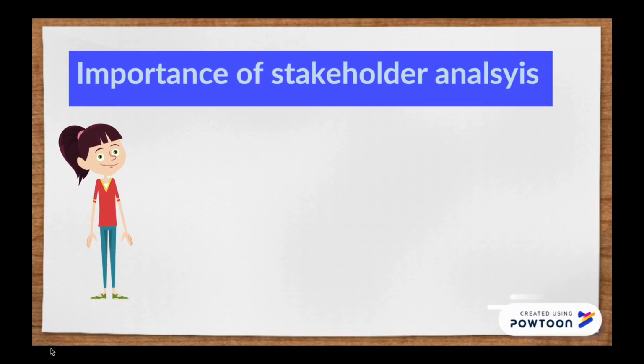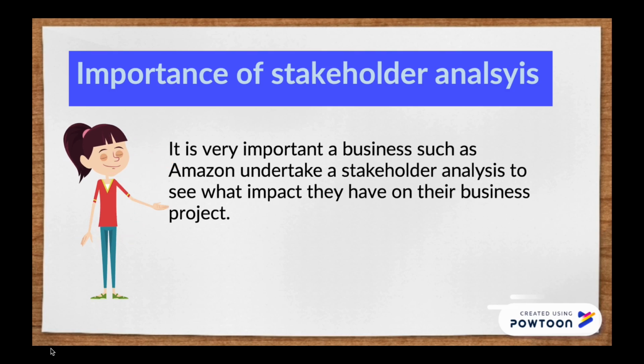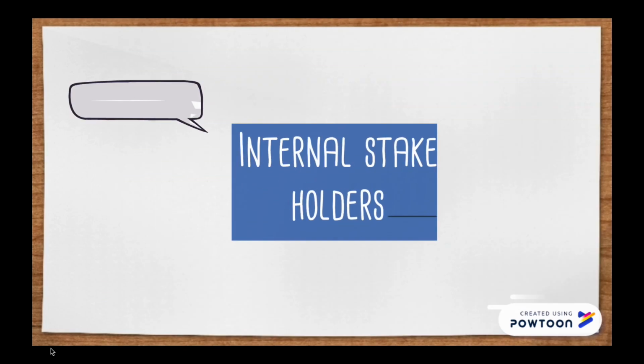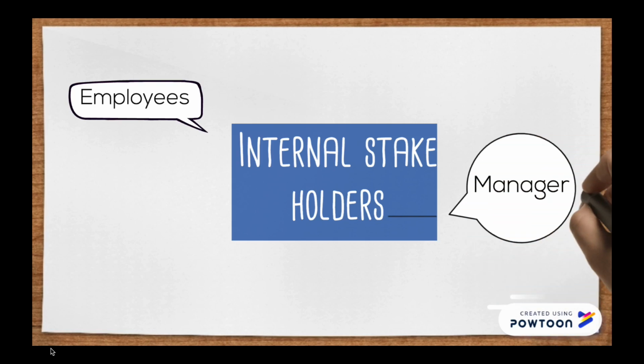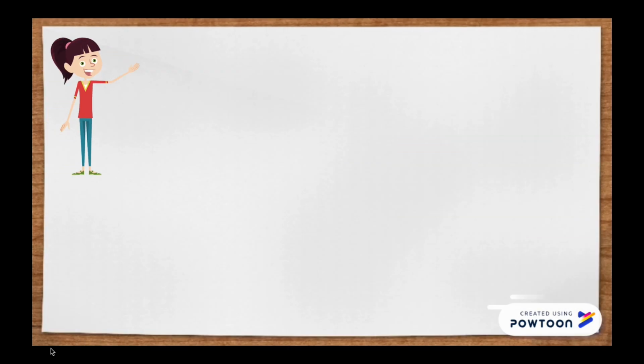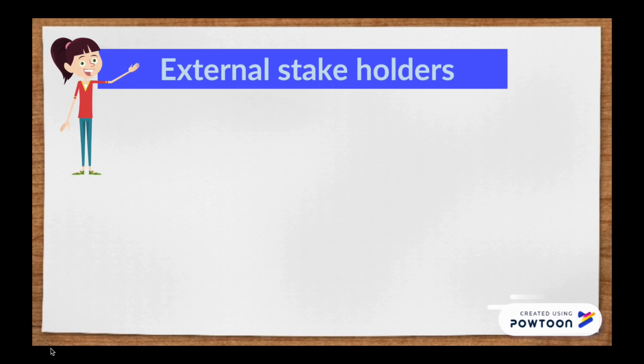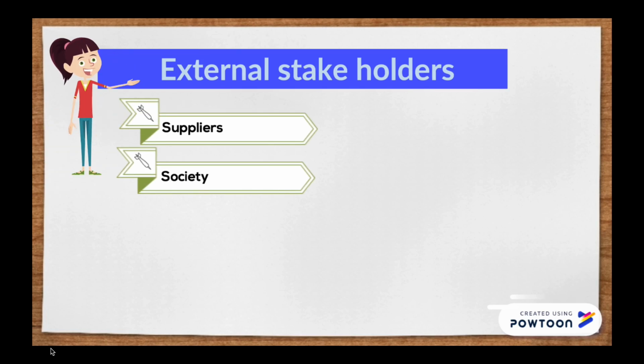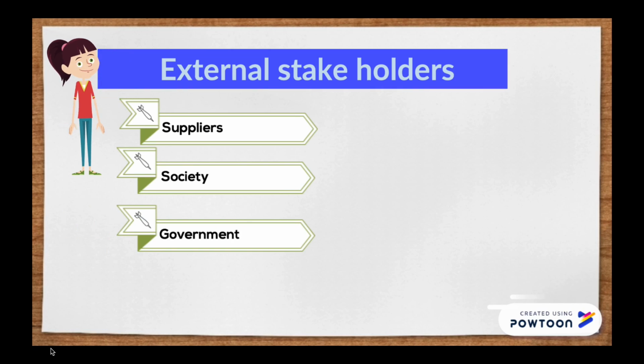This is a technique you use to identify and assess the importance of key people and groups of people for the business activity project. The main internal stakeholders for Amazon are owners, employees, and managers. Internal stakeholders may appear more important, however, external stakeholders have quite a lot of influence on the long-term success of Amazon because they will often be the end users or customers.